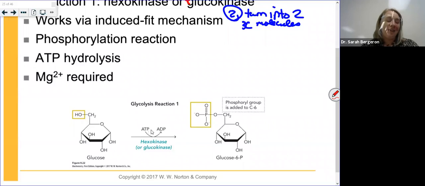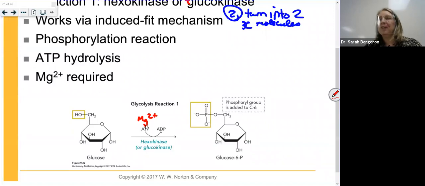Now, what's interesting about all kinase reactions is that the ATP substrate for this reaction is actually in a complex with a divalent cation, Mg2+. And if you don't have that Mg2+, this reaction is not going to go. So what do we know about a phosphate? Look at the charges. Negative what?